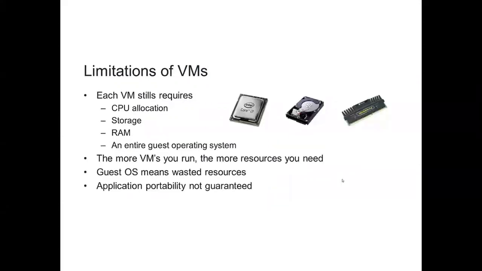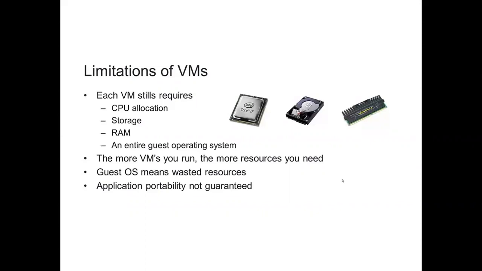But what are the limitations with these virtual machines? Even though you scale up the environment by installing multiple VMs, your VM still requires some allocation from the CPU, memory, and storage point of view. Let's say you have a single machine and 3 virtual machines.